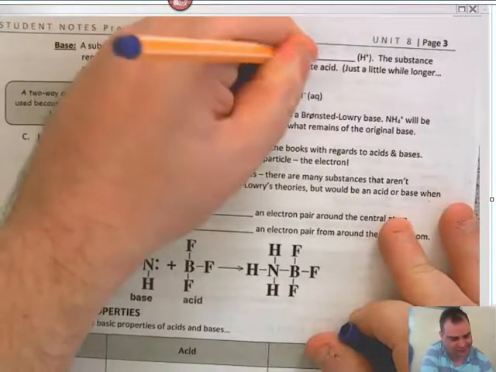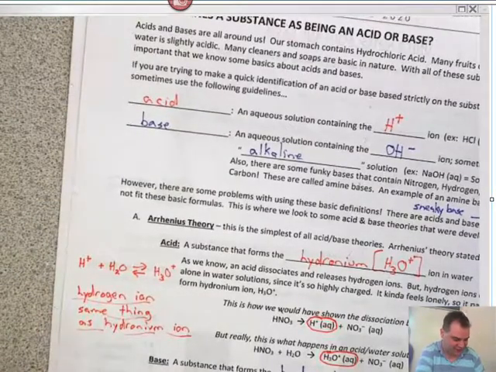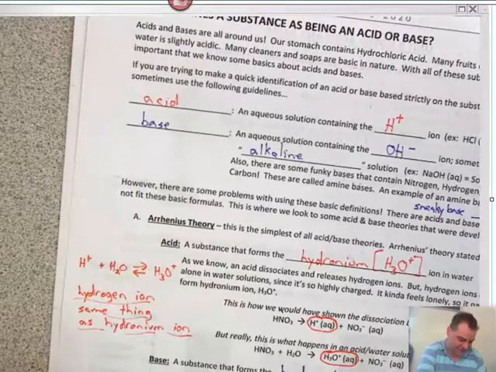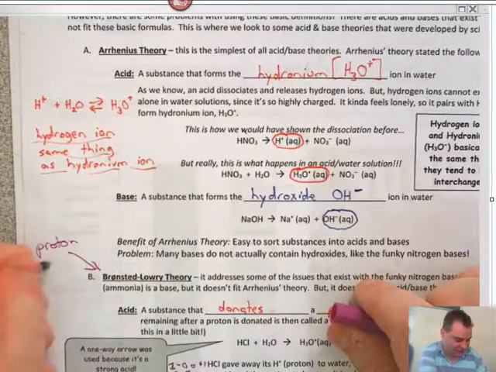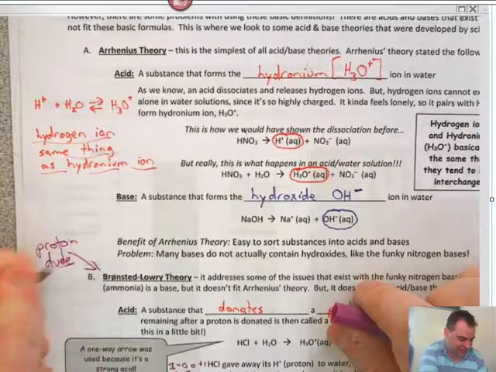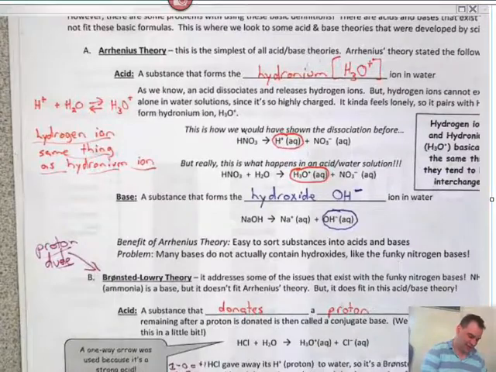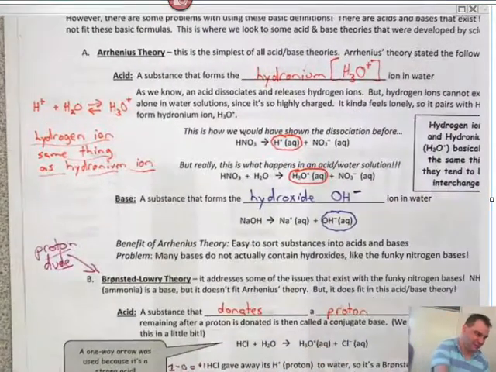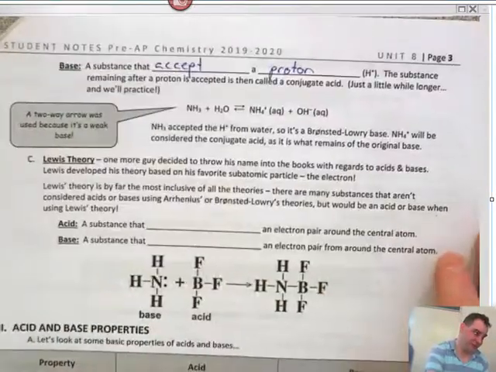See, Bronsted-Lowry, these are the proton dudes. He loved protons. So he decided, I'm going to make definitions of acids and bases based off of protons. So he said that an acid donates a proton and a base accepts a proton. That's what he said.